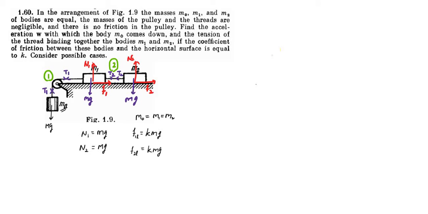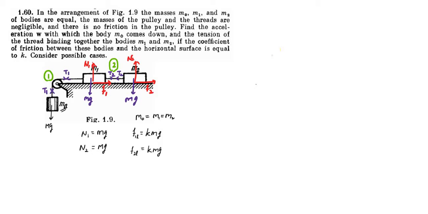So if T1 is more than the maximum friction force between M1 and ground, that is kmg, only then will T2 start appearing. Once T2 appears, it will pull the block M2, due to which friction force F2 will arise. If T2 is more than F2, after that all the blocks will move.